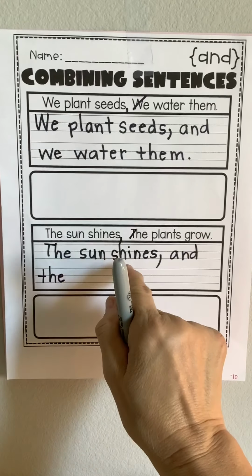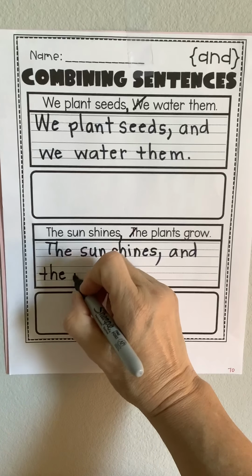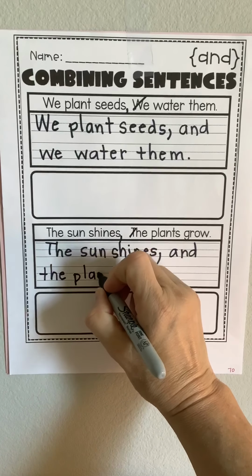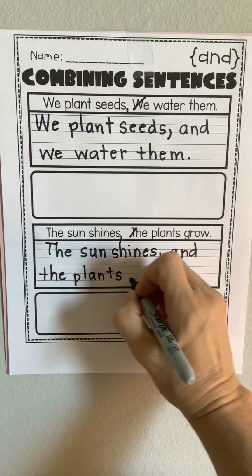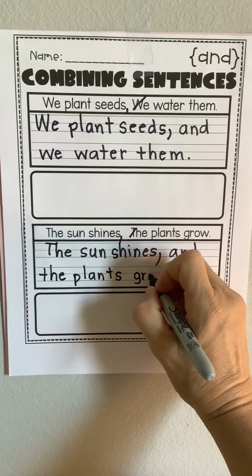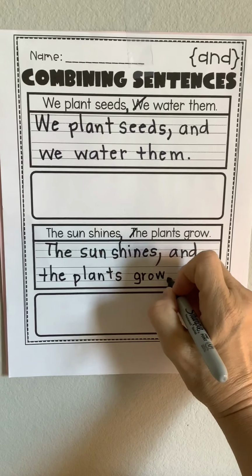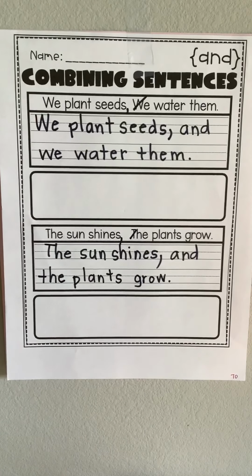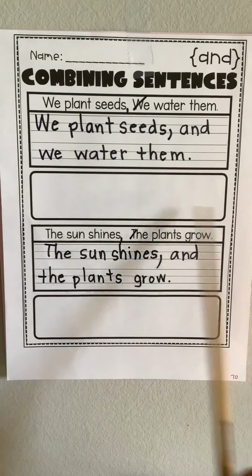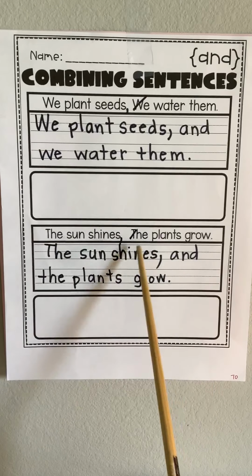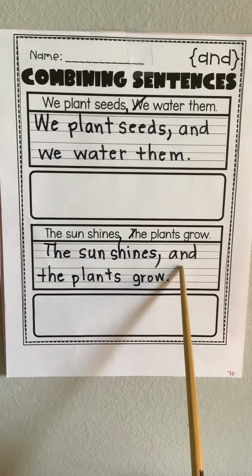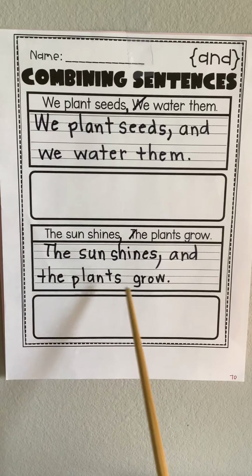The sun shines and the plants grow. Now you would not say the sun shines but the plants grow. You might say the sun shines but the plants don't grow. When you're talking about things that are similar, you're going to use and. The sun shines and the plants grow.